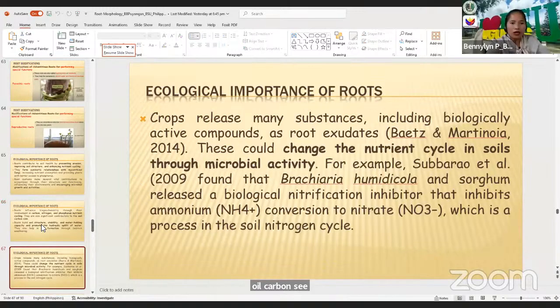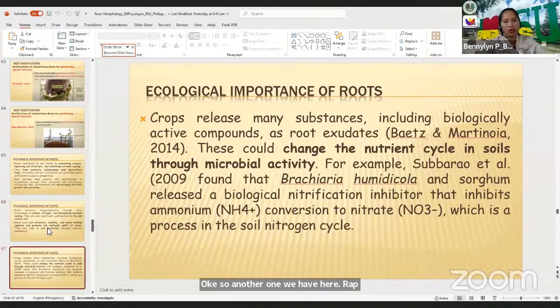Okay, so another one, we have here crops release many substances, including biologically active compounds, such as the root exudates that was mentioned. And this could change the nutrient cycle in soils through the microbial activity. It will enhance the availability of the nutrients.